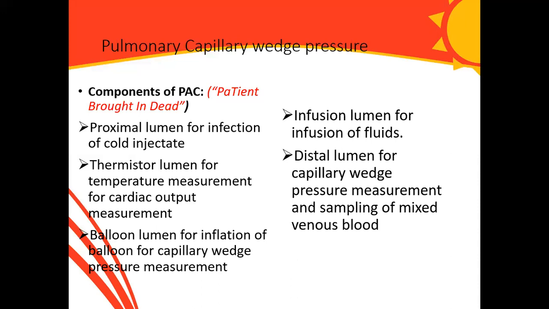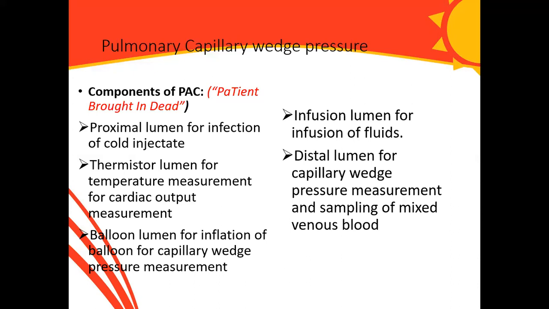You have the proximal lumen, which is for injection of cold injectate, all right, injection, not infection. You have the lumen for your thermistor, which is to measure core temperature, all right, which is useful for cardiac output measurement. The third lumen is known as the balloon lumen, which is inflated during the measurement of the capillary wedge pressure, also known as pulmonary arterial occlusion pressure.